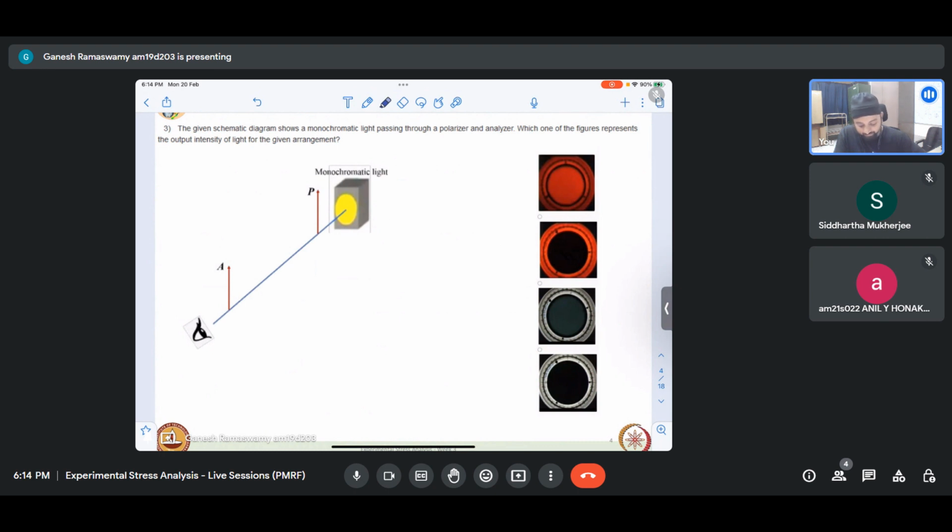Which of these figures represents the output intensity of light for the given arrangement? This is again a variant of the same question, except the key word being monochromatic light. Now, why this should be monochromatic is something we will see. It needn't be. The thing is that once we have control over the wavelength, monochromatic means single color.